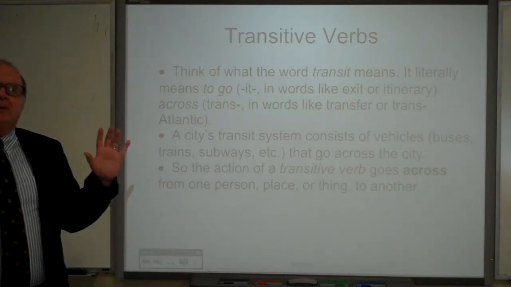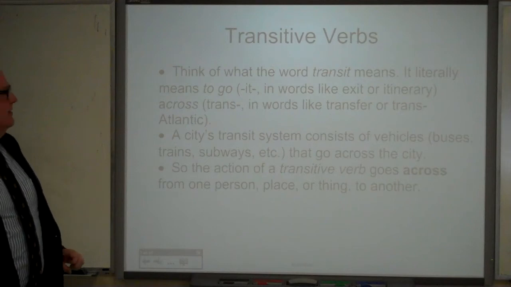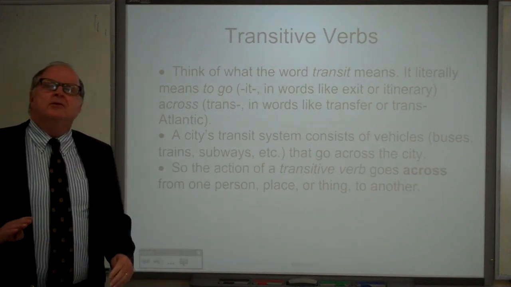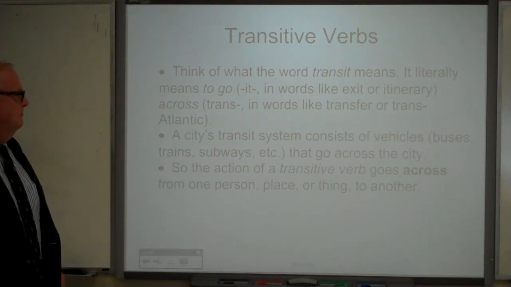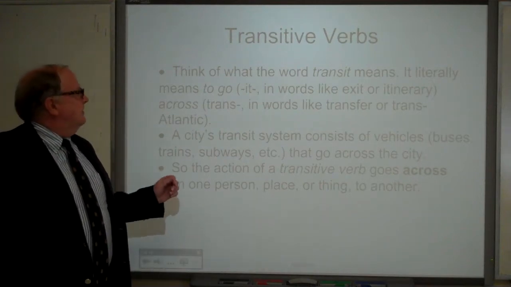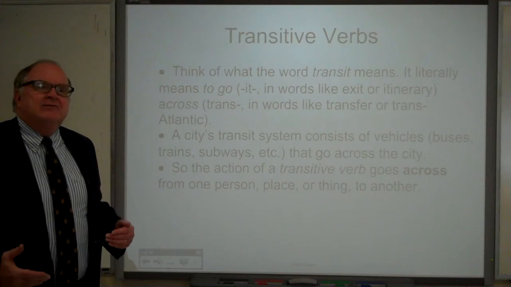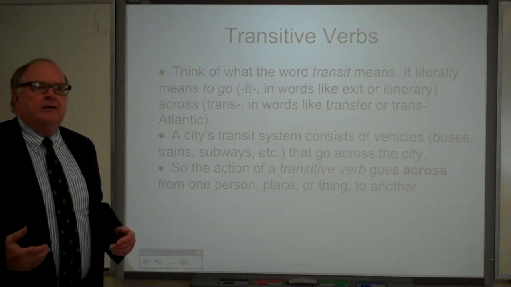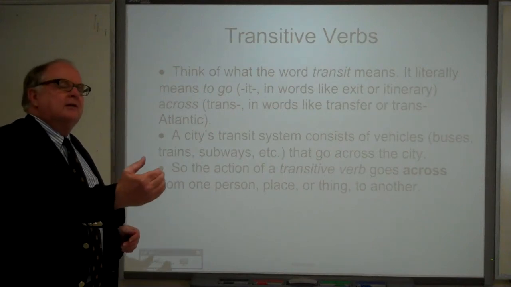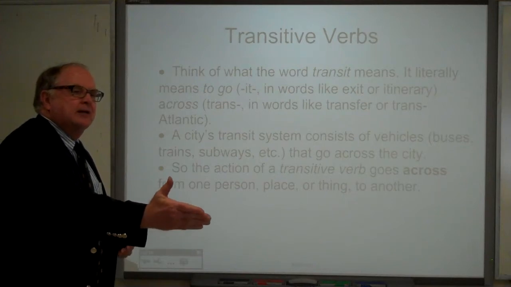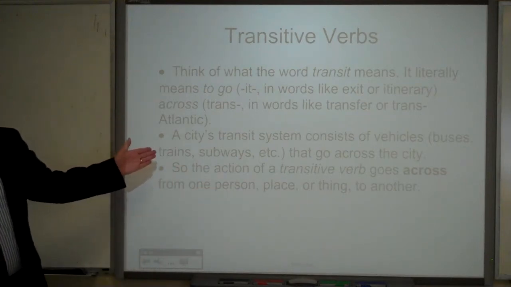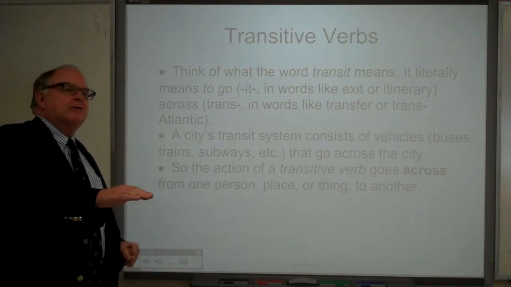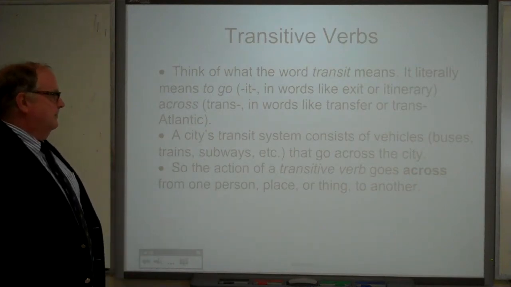It helps if you think about what the word transit means. Transit means to go across or go through. And so a transitive verb goes across from one thing, the subject, to something else, just as the transit buses in a city go through or across the city.